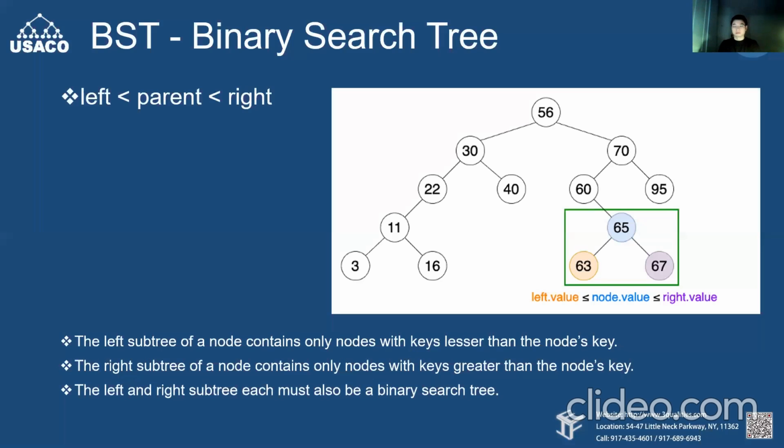Okay, so the subtree only contains nodes lesser than the key. What about the right side? It's greater than the key.